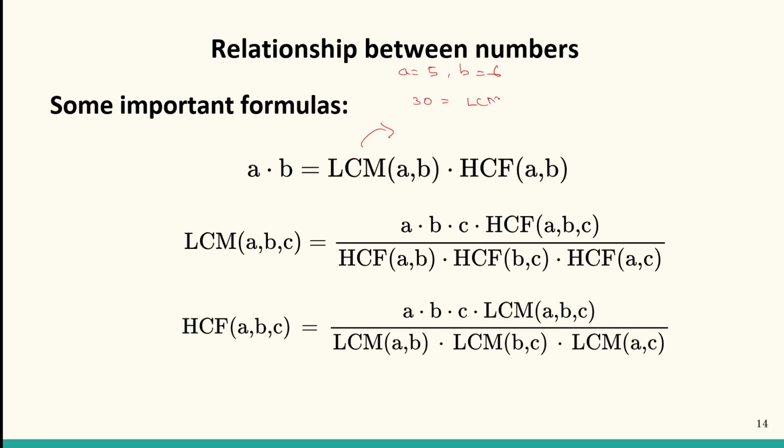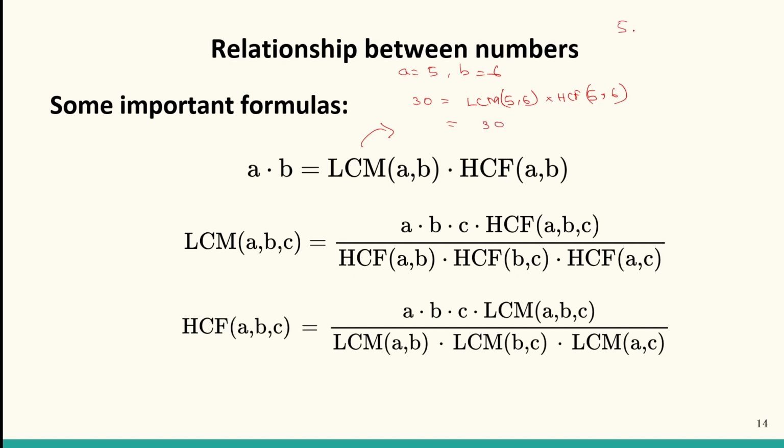And LCM of 5 and 6 into HCF of 5 and 6. LCM of 5, 6: what we need to do is find the multiples of 5 and 6. It will be equal to 30.